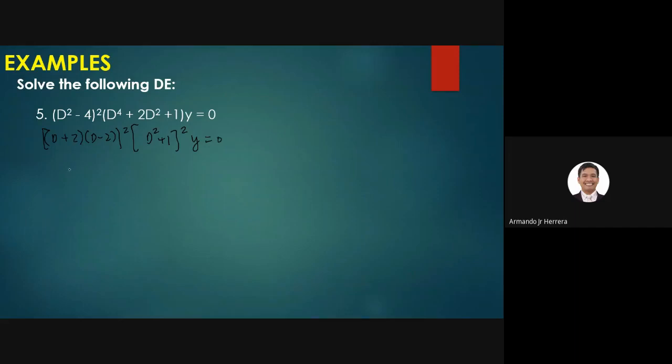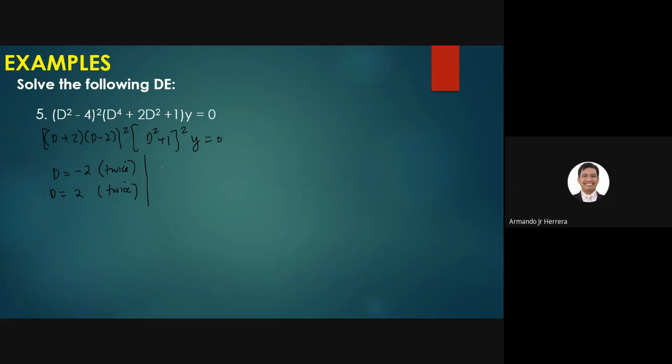So pwede tayong gumamit ng m operator or lambda operator or simply D operator. So D here is negative 2. D here is positive 2 since naka-raise sa second power twice. So, dalawang beses inulit ang negative 2 at saka positive 2.